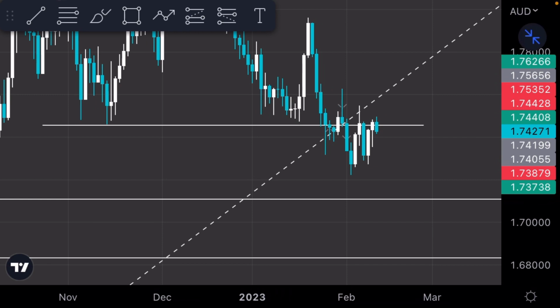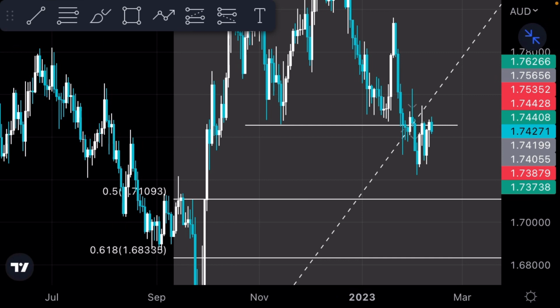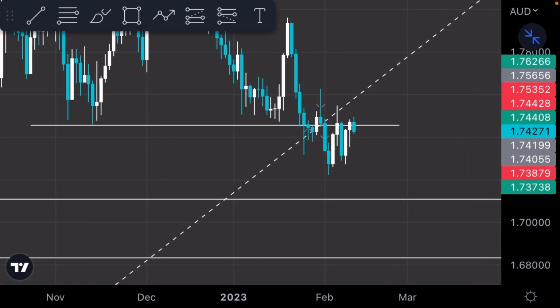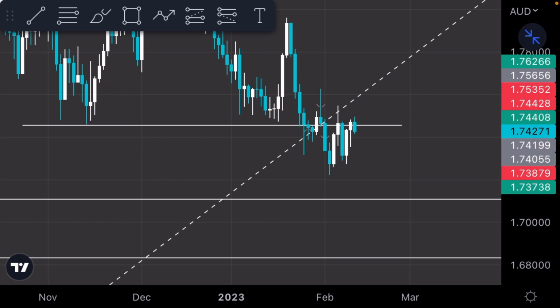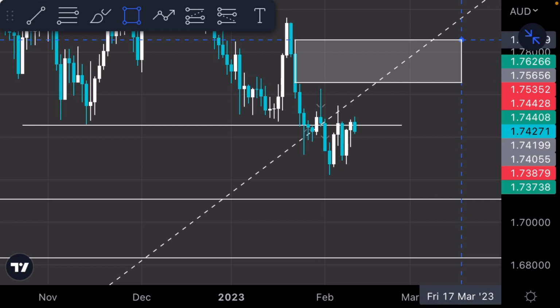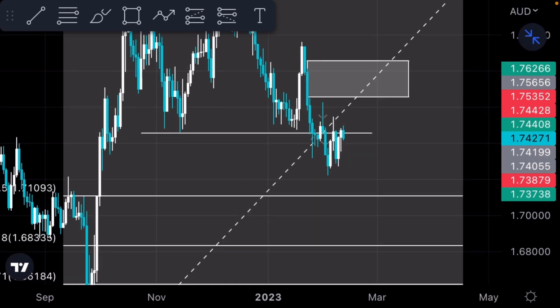I think next week Monday should be a great determinant in the directional bias for next week, because there are two possible scenarios that could potentially play out here.